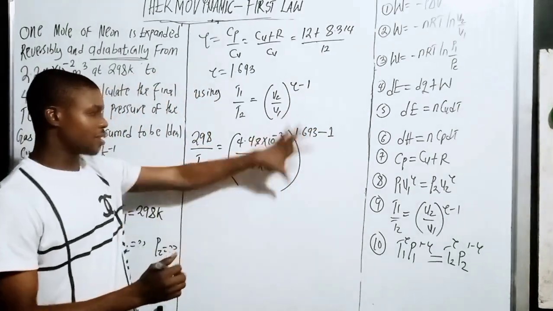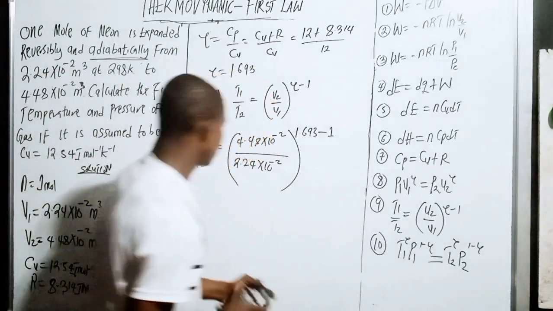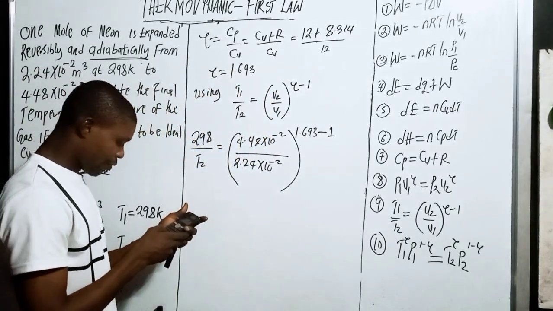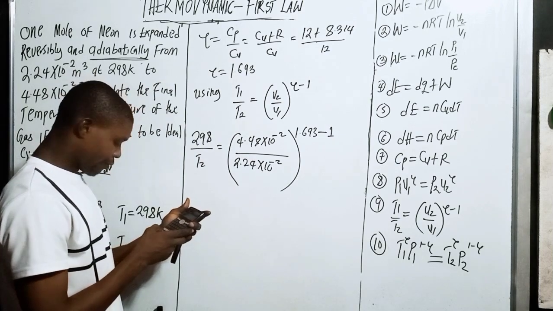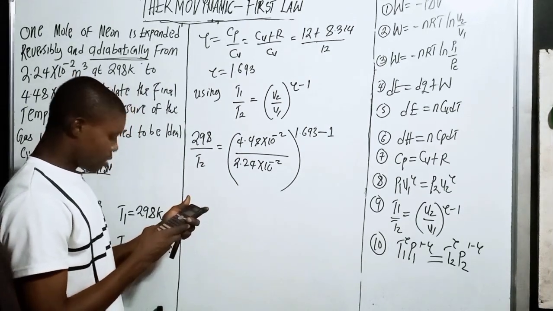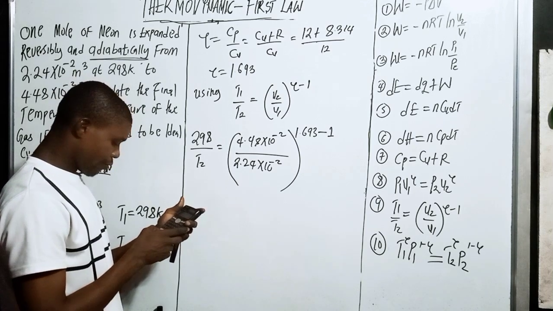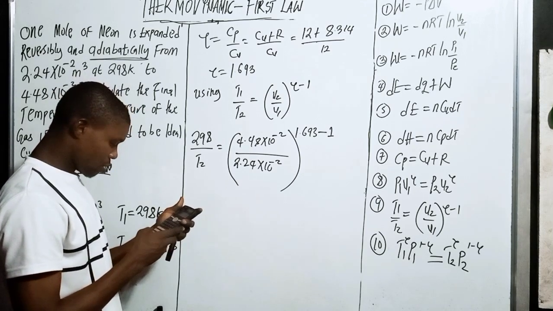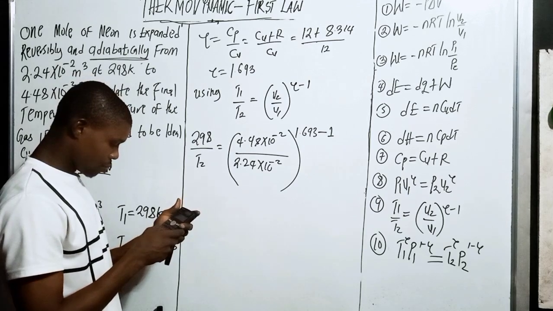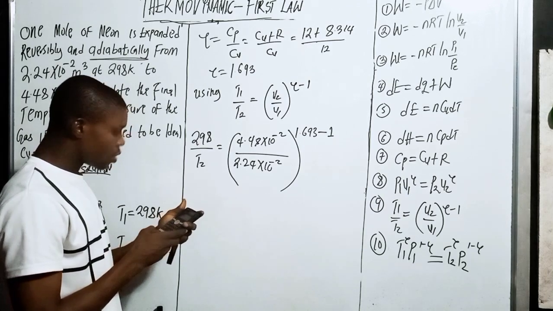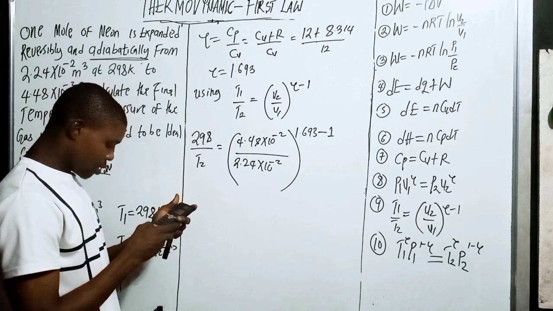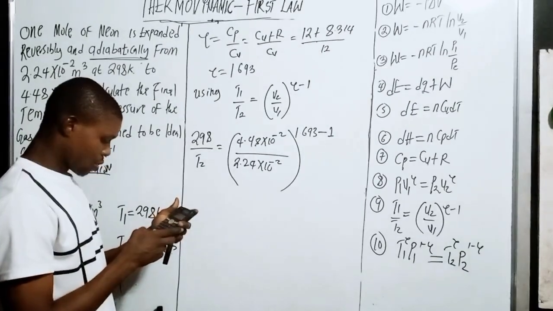So I'm going to evaluate the whole of this here. Here we have 4.48 × 10^-2 divided by 2.24 × 10^-2, to the power 1.693 minus 1.